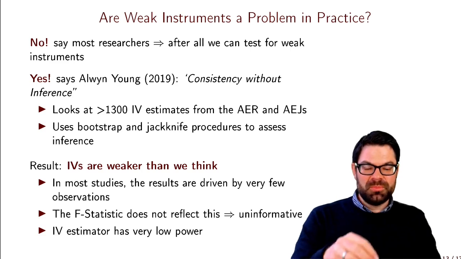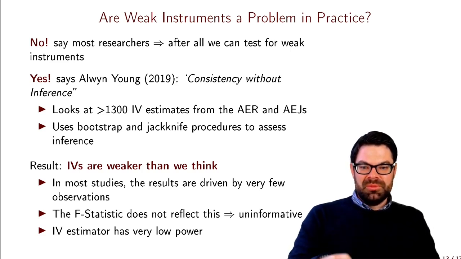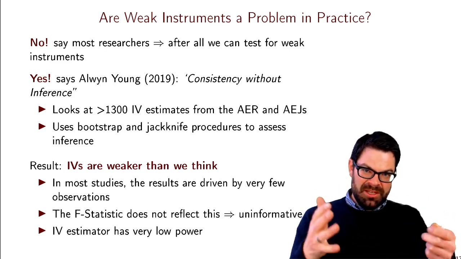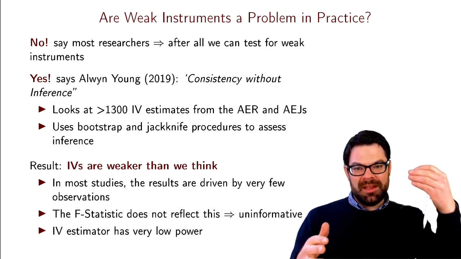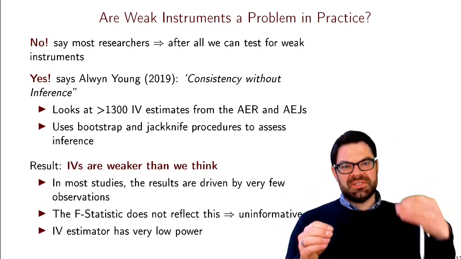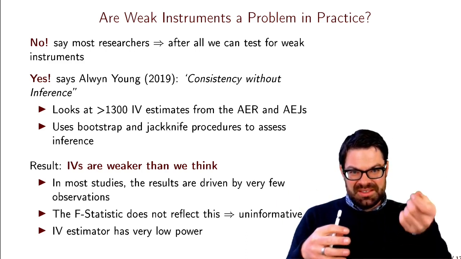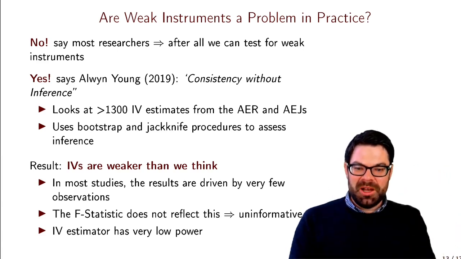In the bootstrap, you can see that, because in a bootstrap sample you draw observations with replacement, and especially when you have a very small sample where the first stage relies on just a couple of observations, you have many bootstrap samples in which these observations with very high leverage are simply not included.